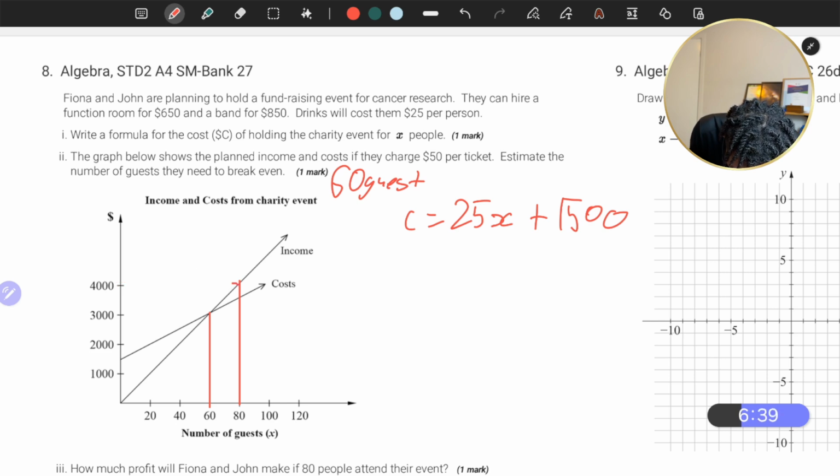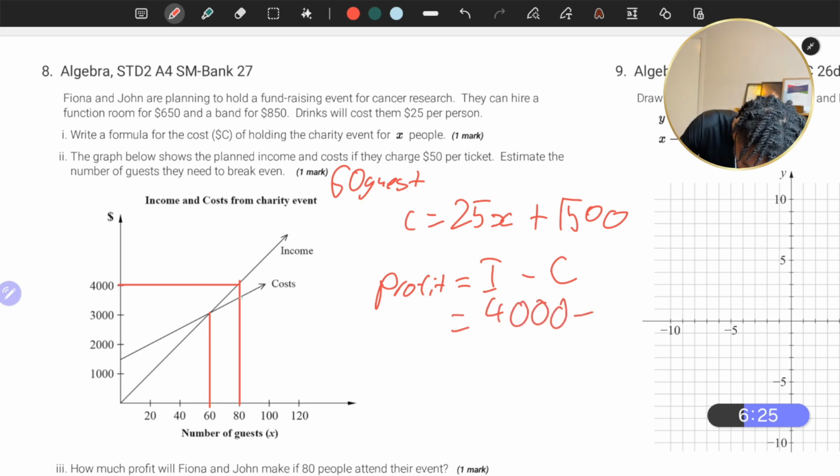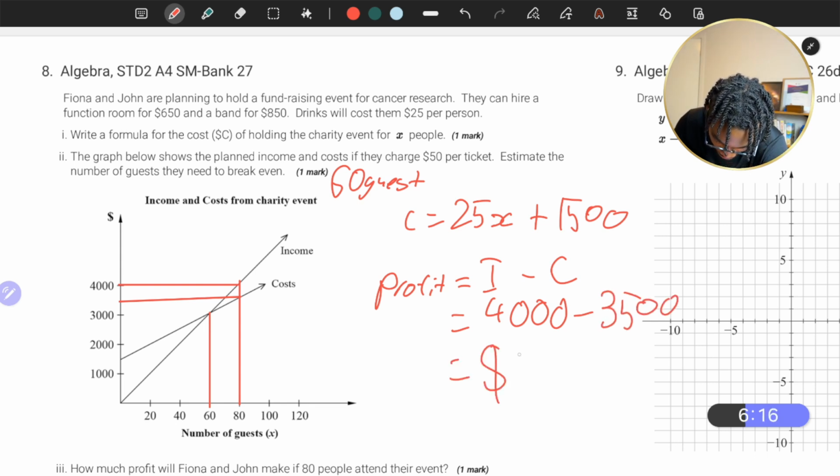So profit equals income minus cost, which is 4,000 minus the cost, about 3,500 approximately. That approximately equals $500 profit.